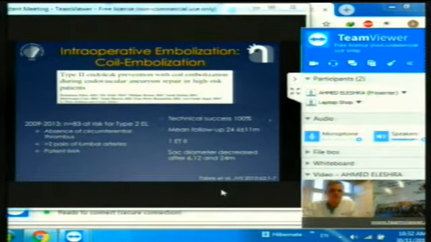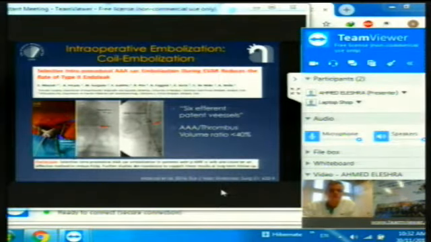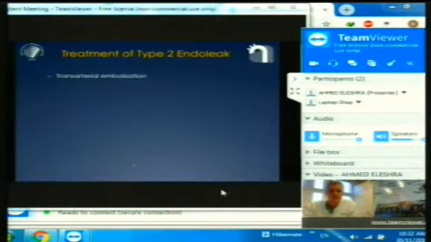And this is another group from Paris, Dominique Fabre, who looked at the same technique of preemptive intraoperative embolization, showing good results, and only using it in a subset of patients that had a large number of lumbar arteries and a patent inferior mesenteric artery. And this is just another study, and we will go over this for the sake of time.